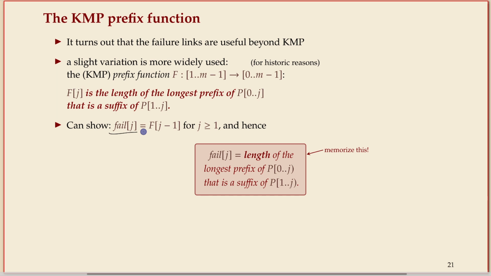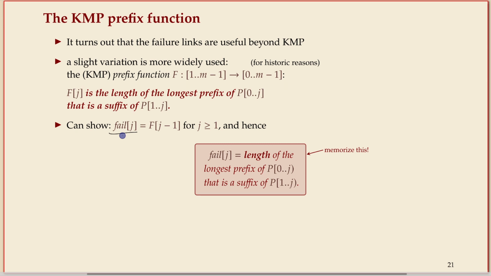In a sense, it seems to capture some self-similarity in the pattern that was found to be useful in many other contexts. And that also means that people gave it slightly different names and slightly different conventions before it was formalized in this version. And so if you read about this in other books, it can be a bit confusing.